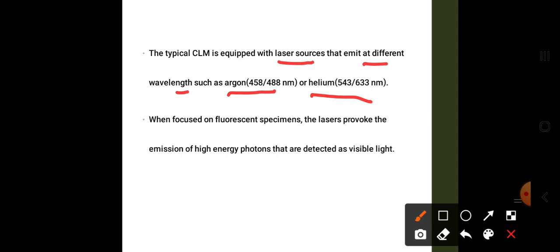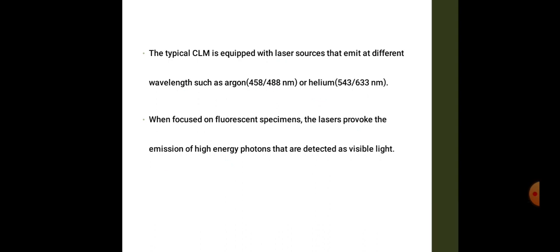When focused on fluorescent specimens, the laser provokes, meaning excites, the emission of high energy photons that are detected as visible light. This is all for the microscopic methods used for the assessment of biodiversity.